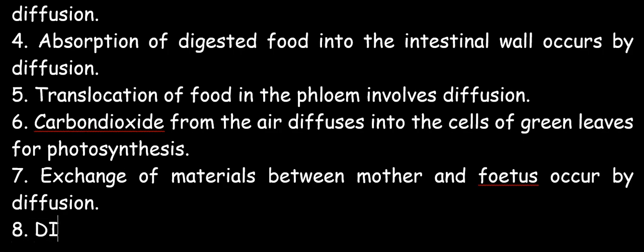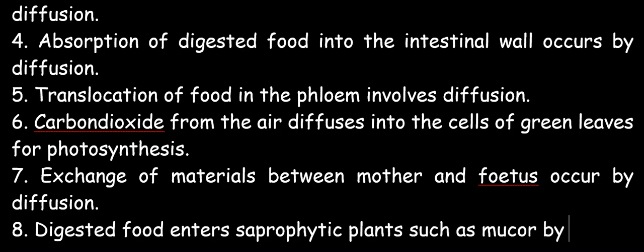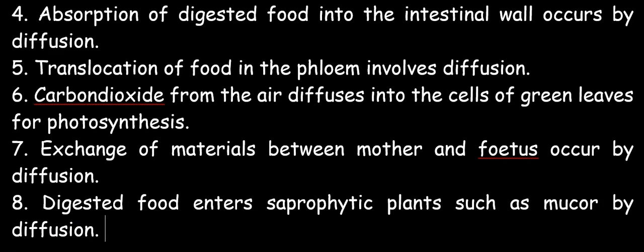Digested food enters saprophytic plants such as mucor by the process of diffusion. We see the importance of diffusion in nutrition here. One thing I want you to know is that some organisms such as earthworm use diffusion as their principal method of gaseous exchange.